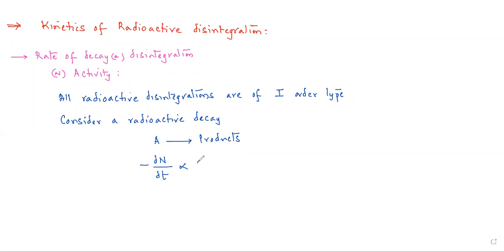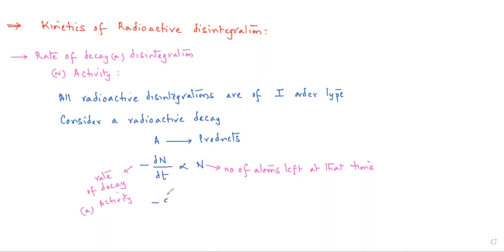It is directly proportional to the number of atoms left at that time. So rate of decay or activity can simply be given as directly proportional to N.